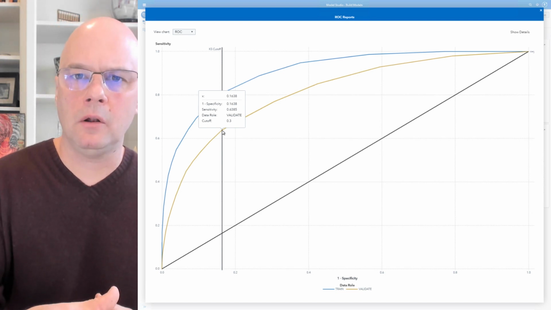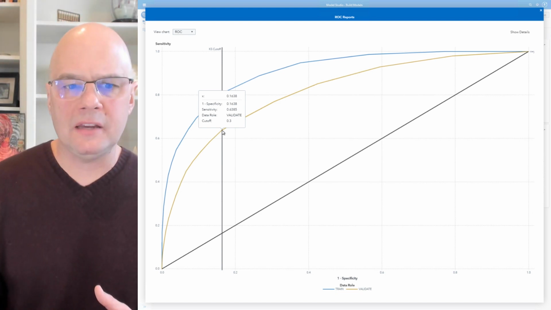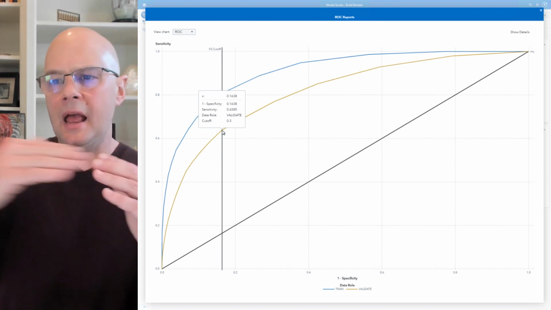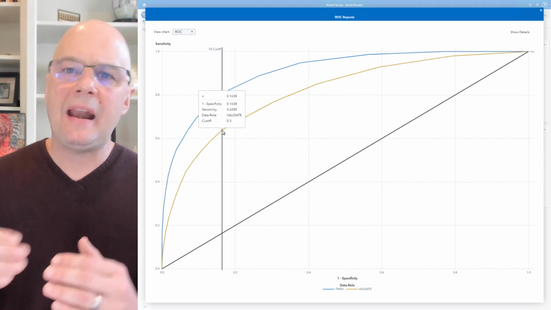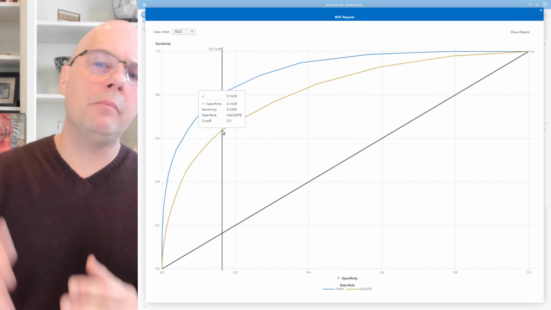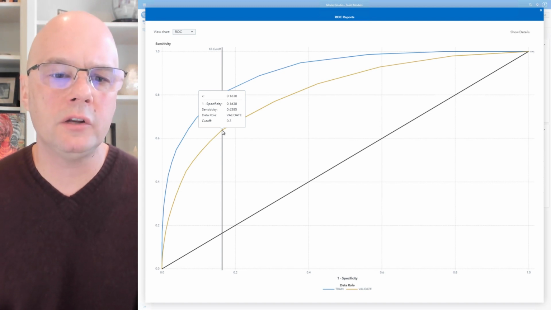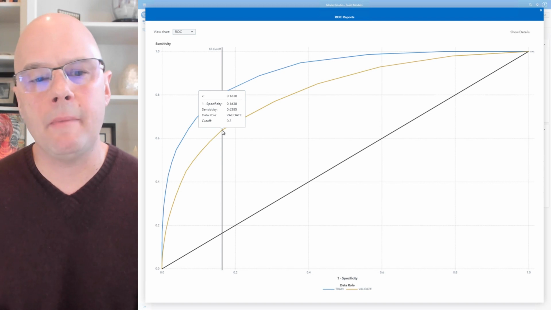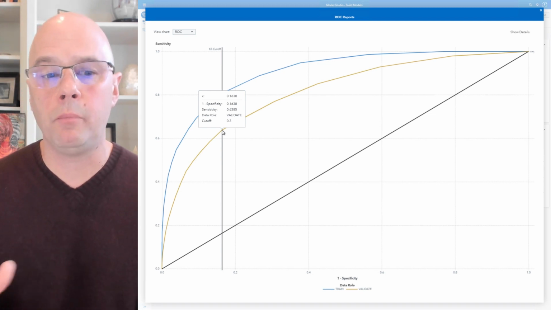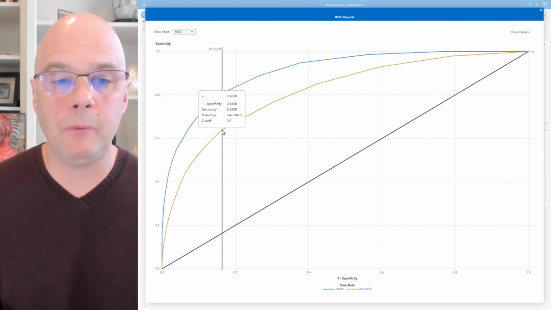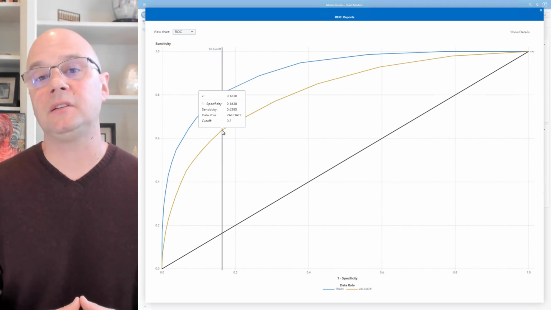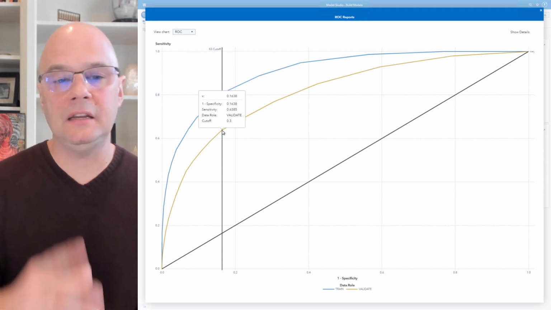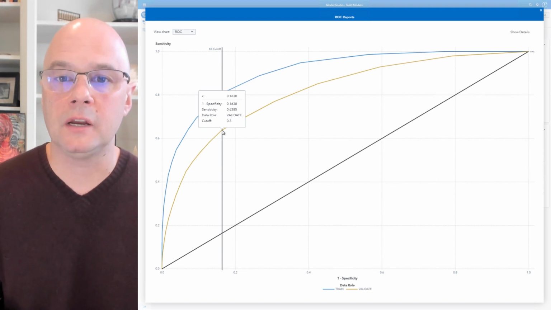Based on this model, if we rank all the cases based on the probability and use that as our cutoff, everybody above 0.3 we're going to mark as a 1. At that cutoff, the true positive rate would be about 64% or 0.64, and the false positive rate would only be about 16%. Ideal cutoff to use for this particular model.